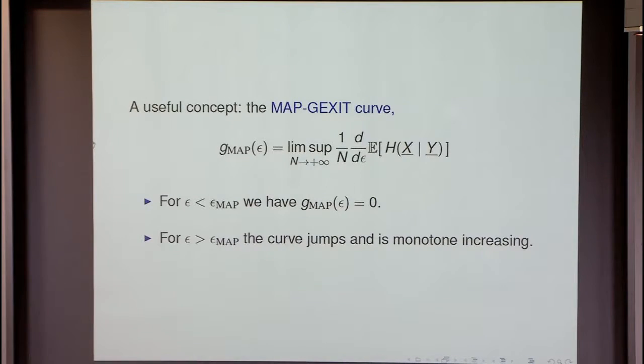In fact, these limits can be proven to exist at the end. And when epsilon is less than epsilon MAP, this curve is 0 because the entropy is simply 0. And when epsilon is greater than epsilon MAP, the entropy is non-zero. But as I said before, the first derivative jumps, so this curve jumps. And then it's monotone increasing as you increase the noise.